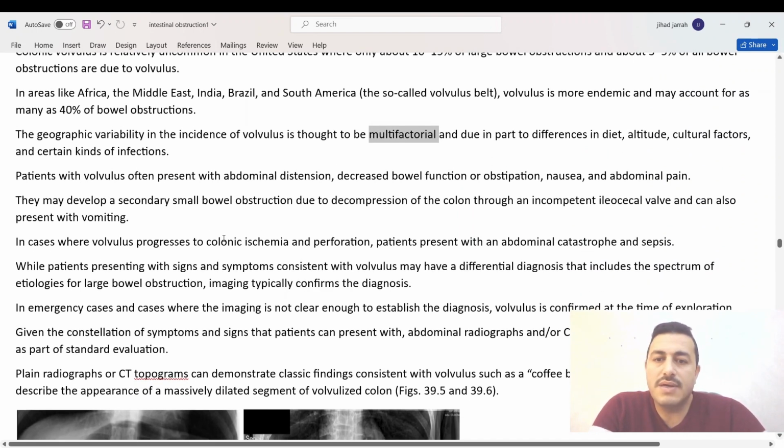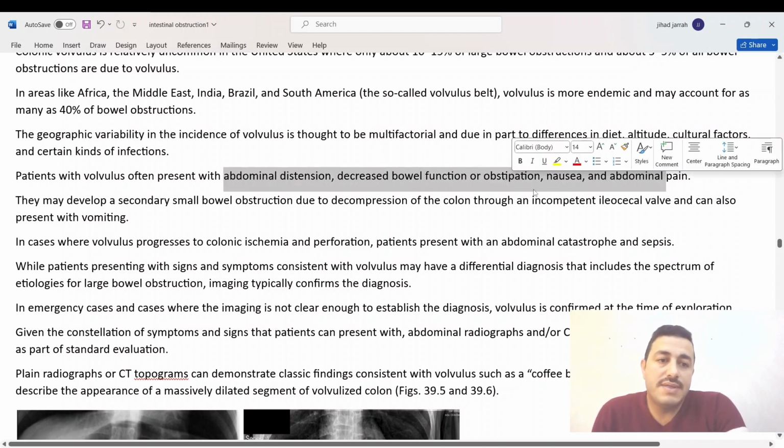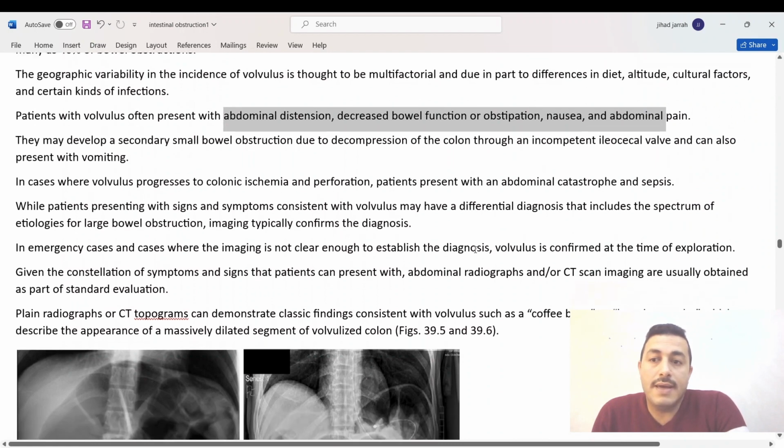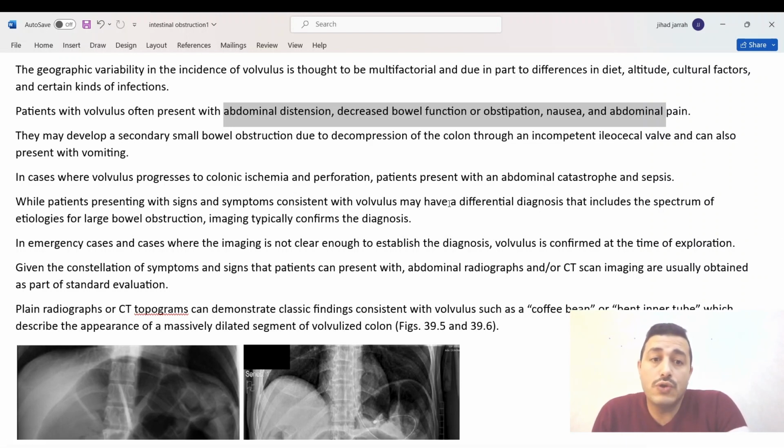The symptoms are abdominal distension, decreased bowel function, obstipation, nausea, and abdominal pain. We said be careful: if the ileocecal valve is competent, this can lead to closed loop obstruction.